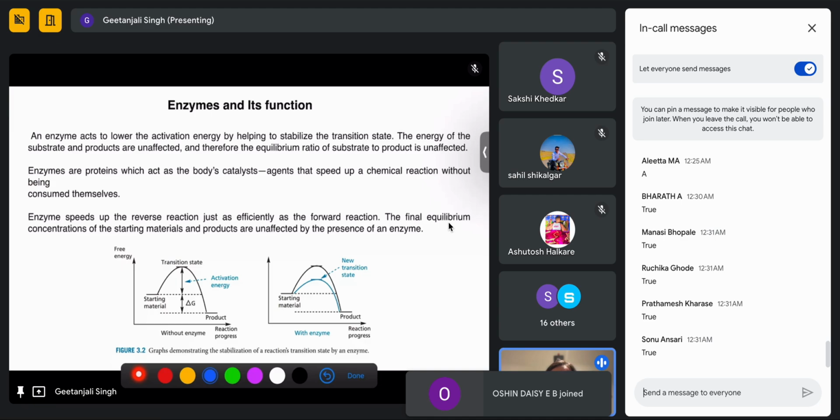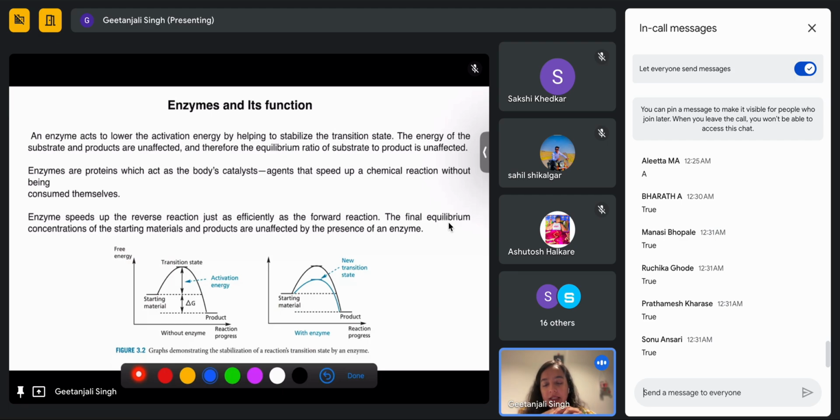Enzymes are basically catalysts, the bodily catalysts that increase the rate of reaction taking place in biological organisms and biological systems, not just 100 times, like 1,000 times. It's so efficient, more than any catalyst that we have been able to design.